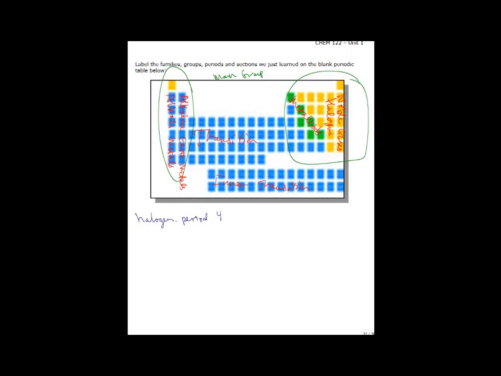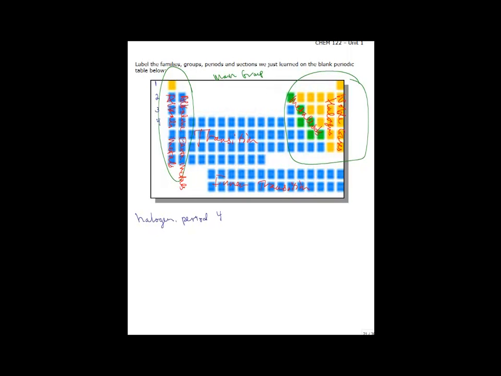Now, a period, does it go horizontally or vertically? It goes horizontally. Now, the way periods are numbered, which I didn't talk about, this is the first time I talked about this, it's just from top to bottom. So this is period 1, this is period 2, this is period 3, and this is period 4.